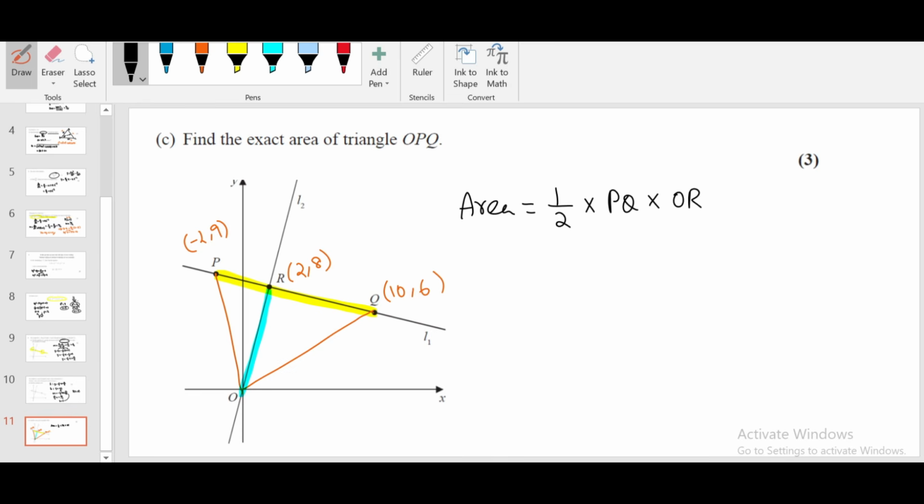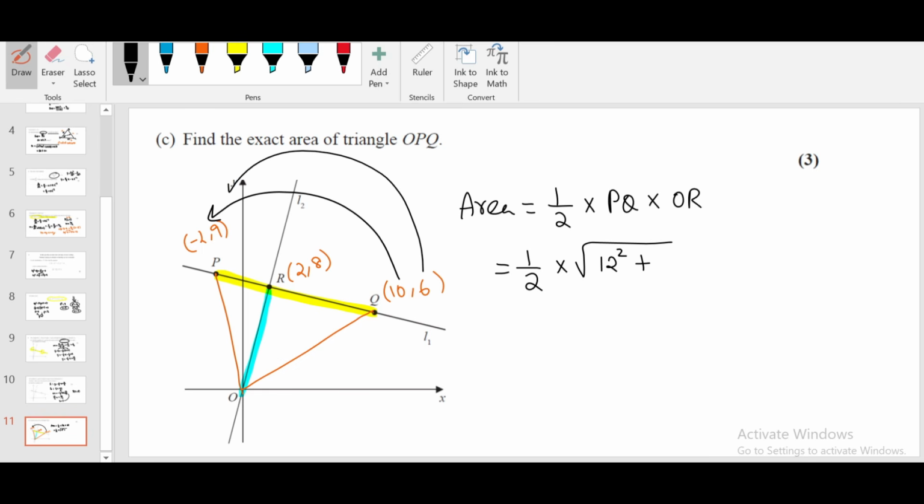So I'm going to use the distance formula for PQ first. Square root of x2 minus x1, so 10 minus minus 2, 12 squared, plus y2 minus y1, 6 minus 9. That's the length PQ.